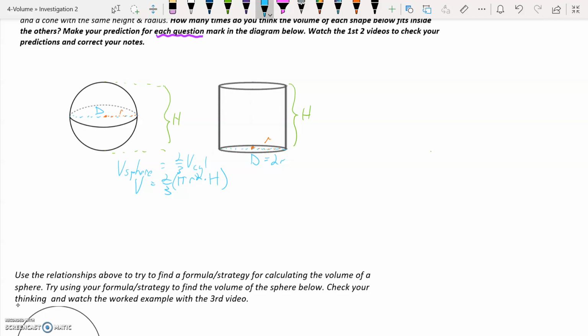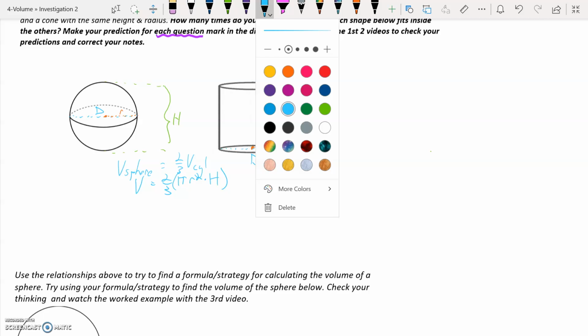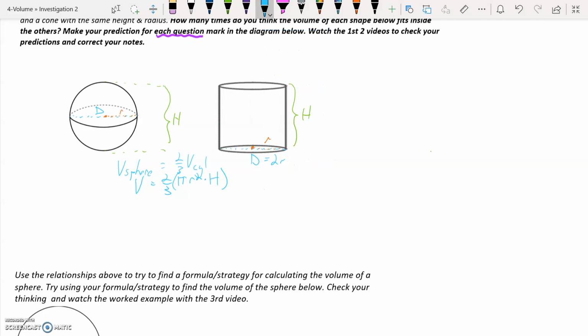Now with spheres, instead of having radiuses and heights, we can actually simplify this, because for a sphere, the height is equal to the diameter. Notice that I have the diameter drawn horizontally, but I could have just as easily drawn the diameter that way, and the diameter and the height are the same thing. And that diameter is 2 radiuses.